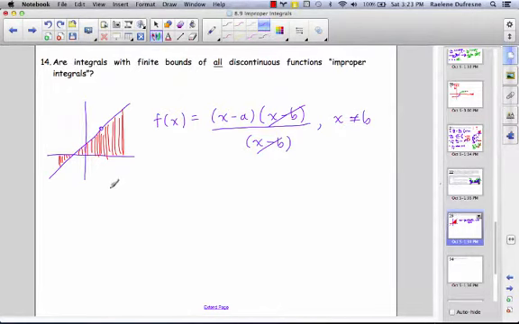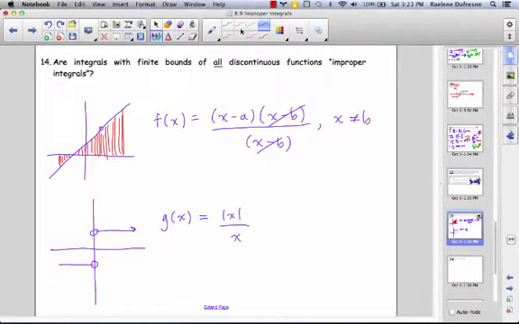We can also take a look at a function with a jump discontinuity. And the standard jump discontinuity function is absolute value of x over x. And if we look at from -2 until 3, we can still come up with the definite integral, even though this function g of x is not continuous at x equal to 0.